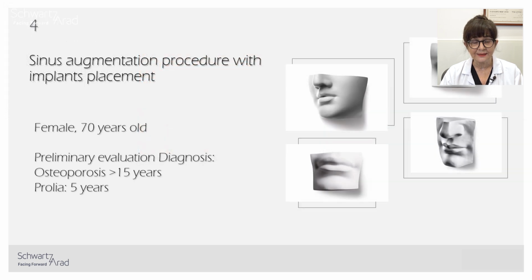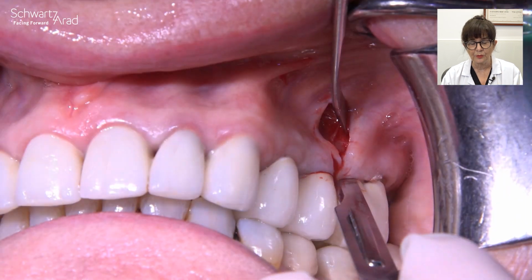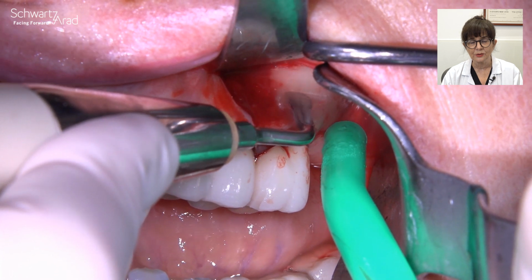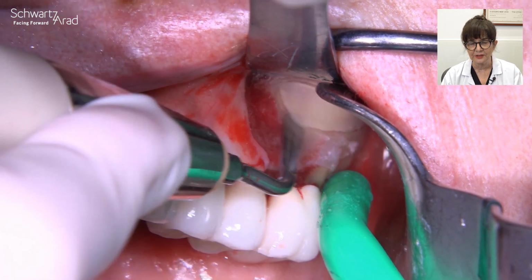The last case is a case of a sinus augmentation procedure with simultaneous implant placement. A 70-year-old patient who also suffers from osteoporosis for the last 15 years and has been treated with Prolia for the last 5 years. I just show you the operation, extraction of the first molar. I do it through the sinus elevation technique.